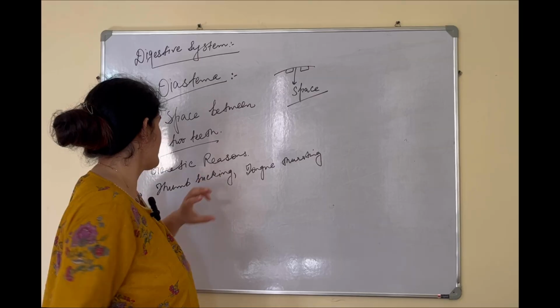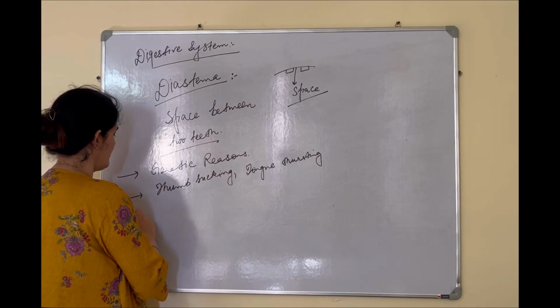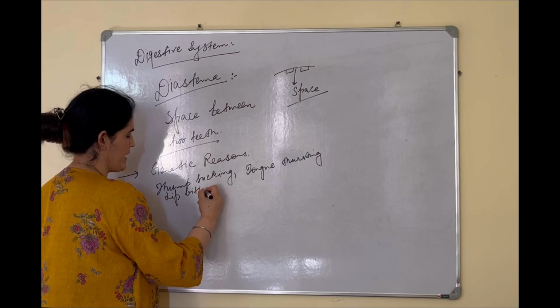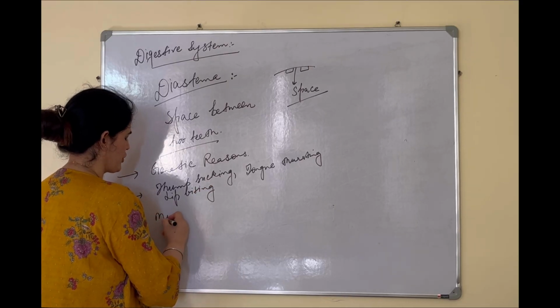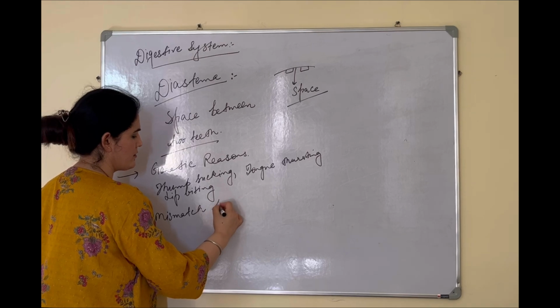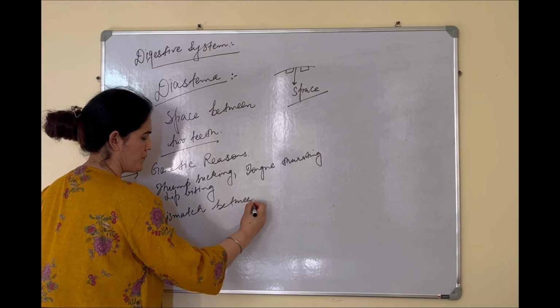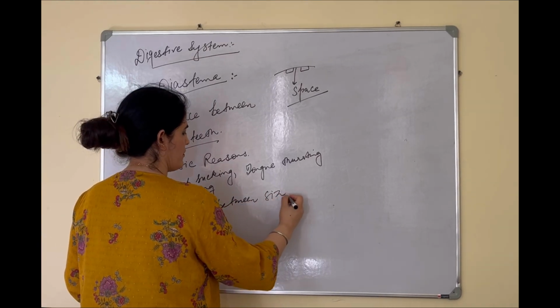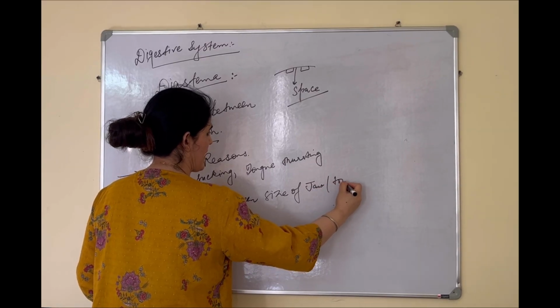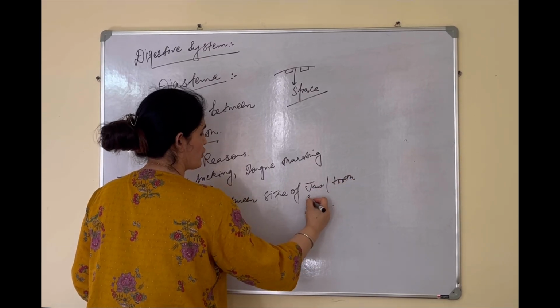So because of that it happens: thumb sucking, tongue thrusting, or lip biting, lower lip biting, or a mismatch between the size of the jaw and the tooth size.